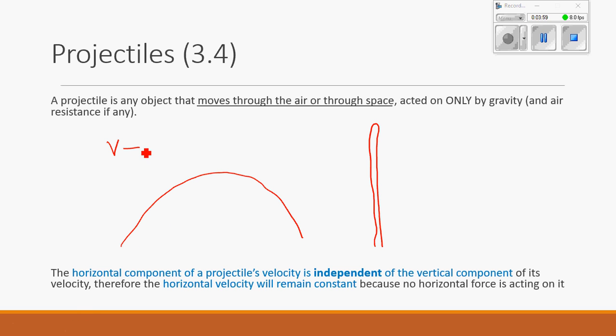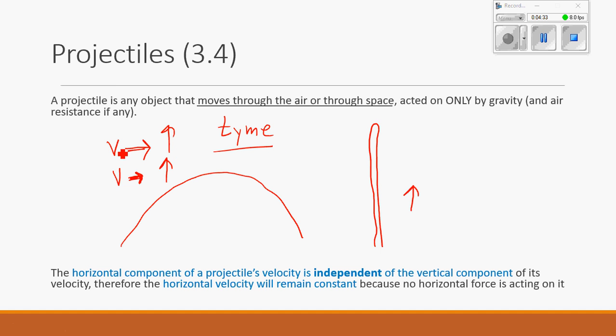if I kick it with a velocity in the horizontal direction bigger than a different kick that has a smaller horizontal velocity, as long as my vertical is the same in both situations, I will have the same amount of time in the air.